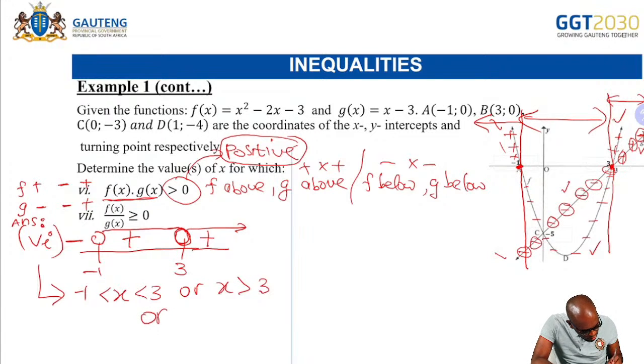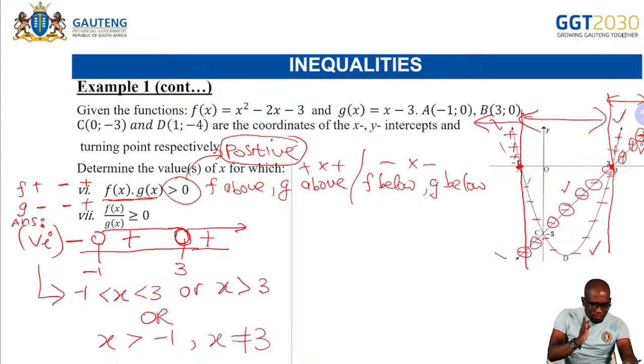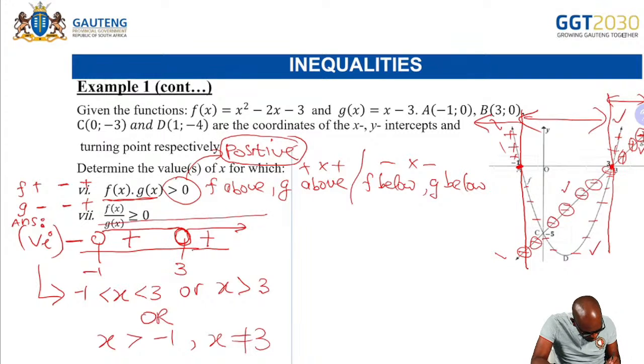Alternatively, if you want to write it in another form, you can say all the values of x that are greater than -1 except 3. All the values of x that are greater than -1 except 3. So you are trying to say you go straight that way, but you exclude 3. Or you can write it this way to exclude it in your notation.